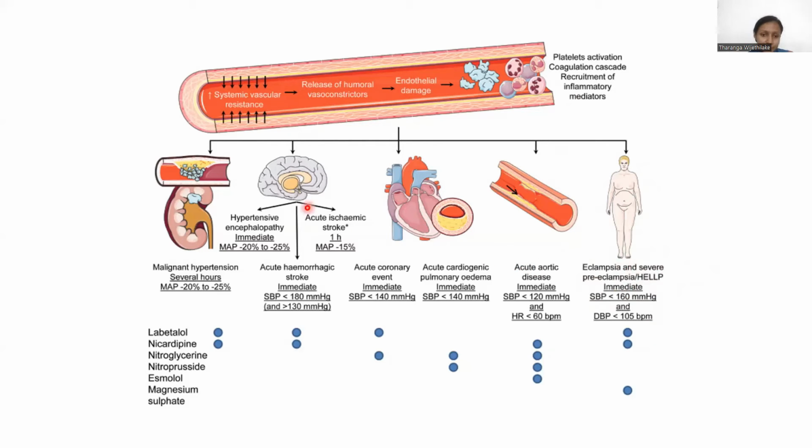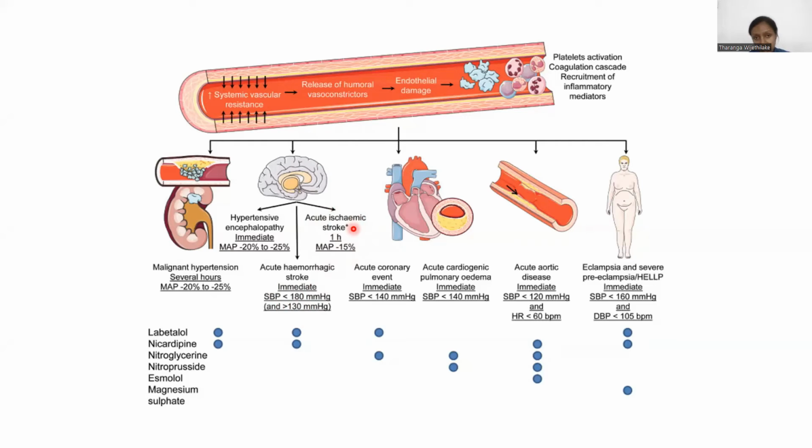Then we have the brain. Now, if it is bleeding, we need to get the blood pressure down only to less than 180. We just prevent it from bleeding further, right? In acute ischemic strokes, we are not that strict on our blood pressure control.